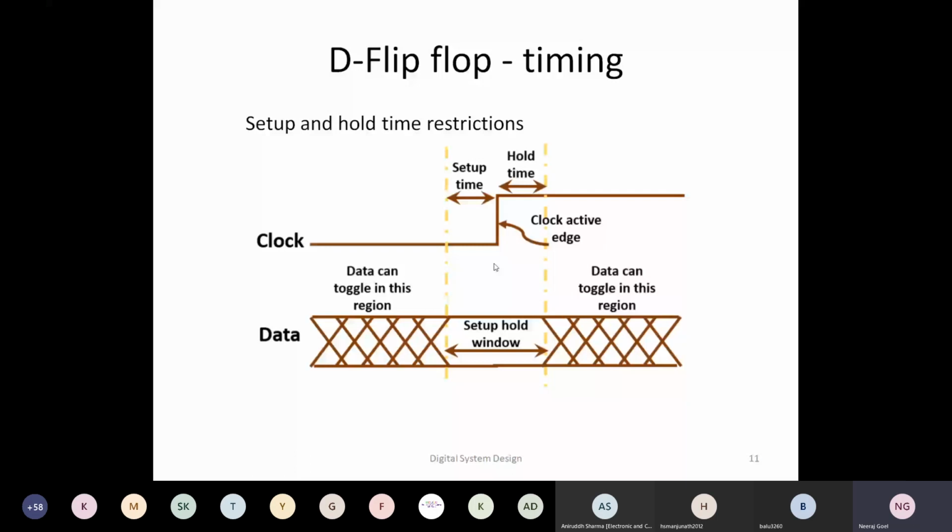The master will capture the state, and after that the slave, a negative level-triggered latch, will push it back. So there is a delay of master and slave. That means if my data is not there before this clock edge, we don't know how this master-slave configuration is going to work. It can be non-deterministic, not clear.